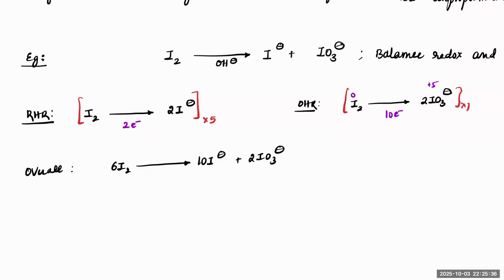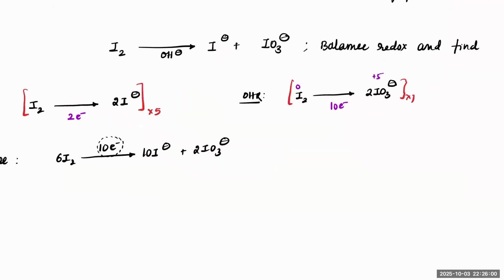Now while we are doing, how many electrons were transferred in total? 10 electrons, correct? 10 electrons got involved in oxidation and reduction, correct? So the number of electrons which are involved becomes the valency factor for a compound. Got it? So you know that valency factor is always measured for 1 mole.